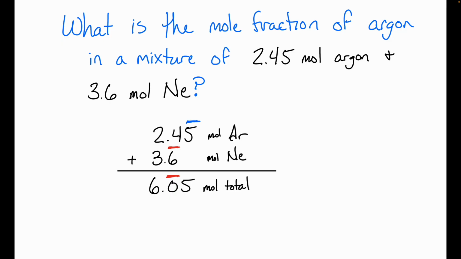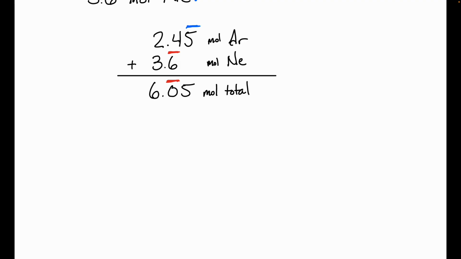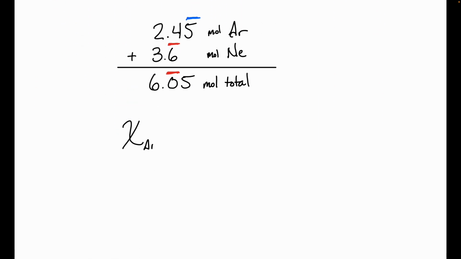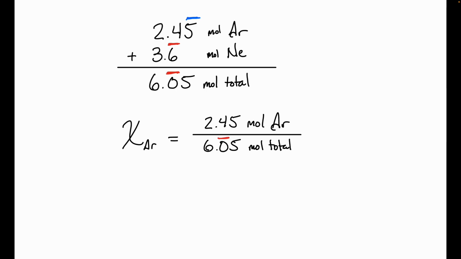All right. So here's our moles total. Let's finish this off. My mole fraction of, which one did I say? Argon is going to equal those 2.45 moles of argon over that total of 6.05 moles, with my sig fig marked, so I know my answer should only have 2 significant figures. Okay, so punch this in.